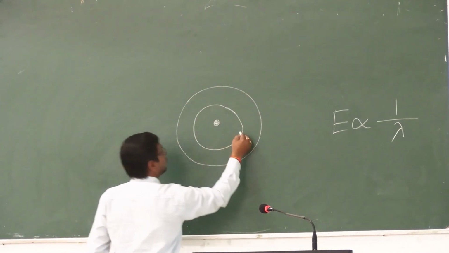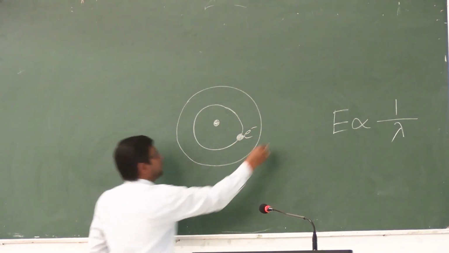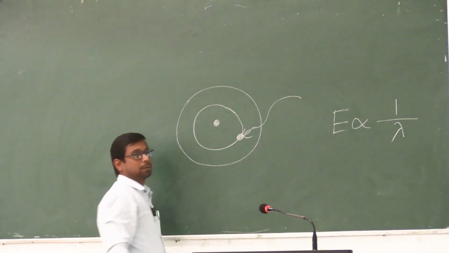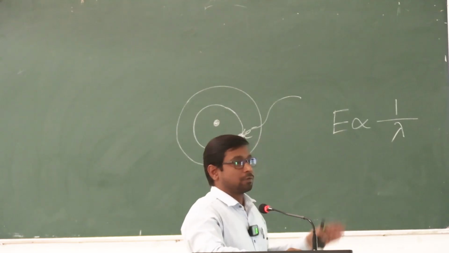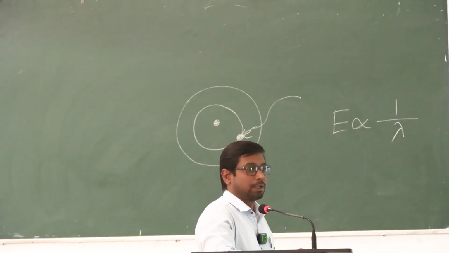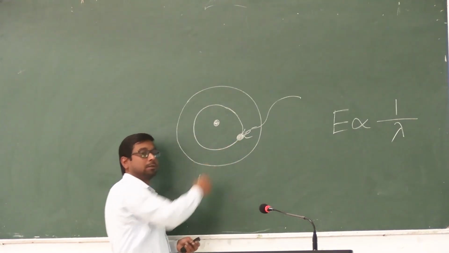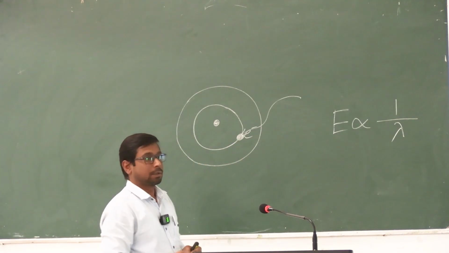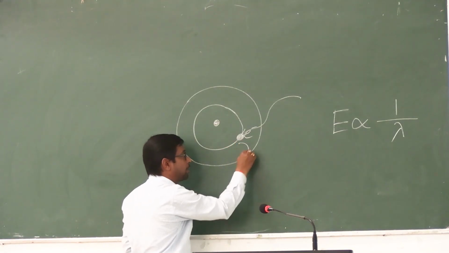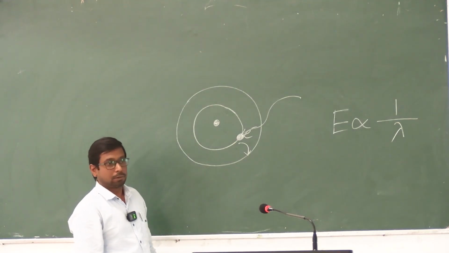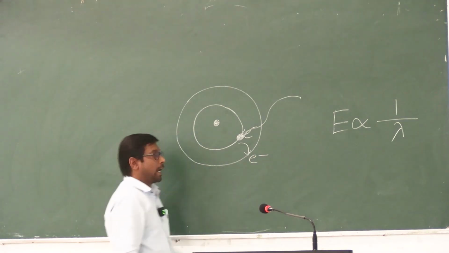Here we have an electron, E. If UV light falls on the fluorophore, which we are using as a dye, what will happen? This electron will get excited and jump to a higher energy level.